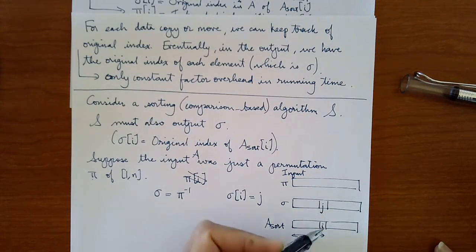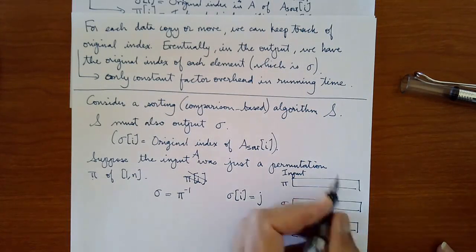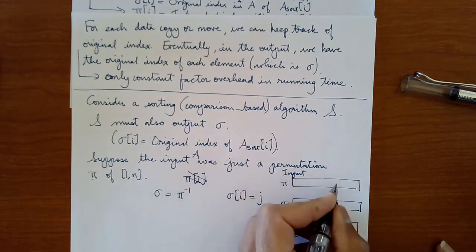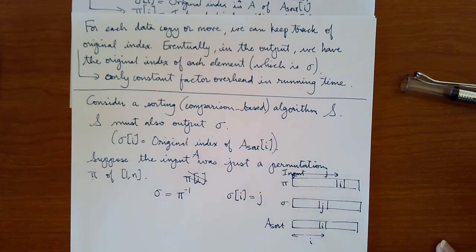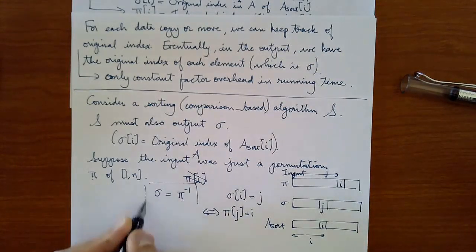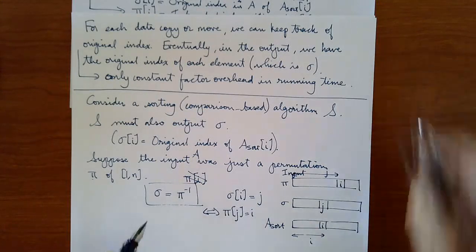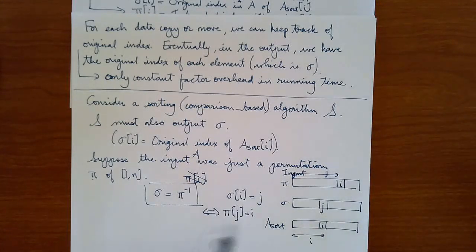Which means sigma I is j, which means that I was originally in the jth position. So sigma I is j is equivalent to saying pi of j is I. And that's what this means. So the output you can think of is just the inverse permutation.